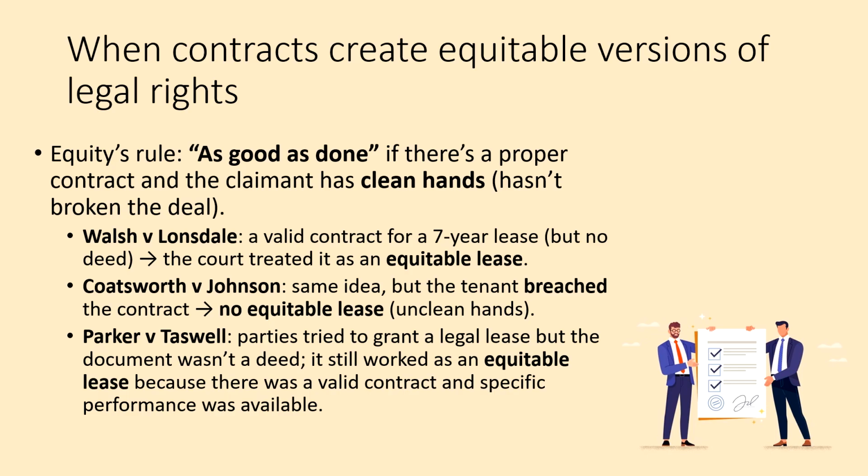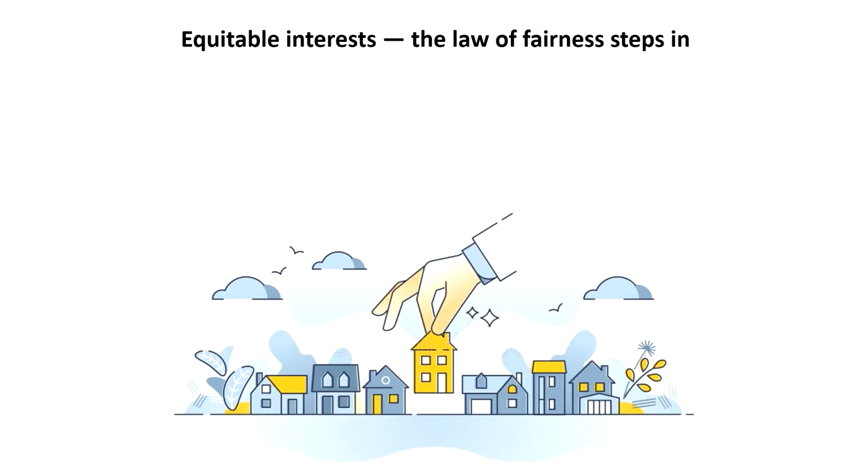But in the end, it was still protected as an equitable lease because of the initial contract, because the tenant didn't really make the mistake there, and specific performance was still available. So you might want to have a look at those bits of case law.